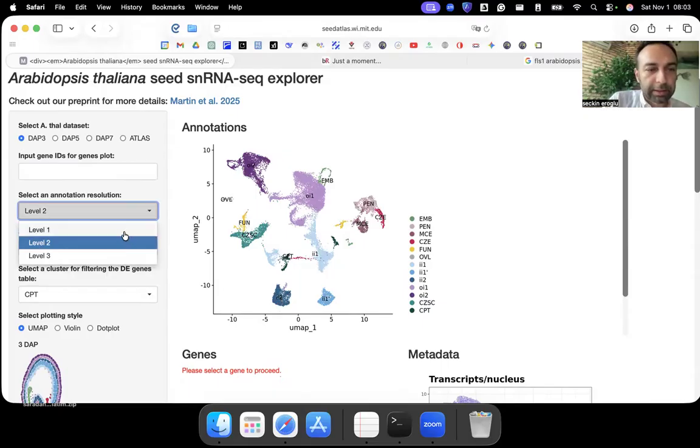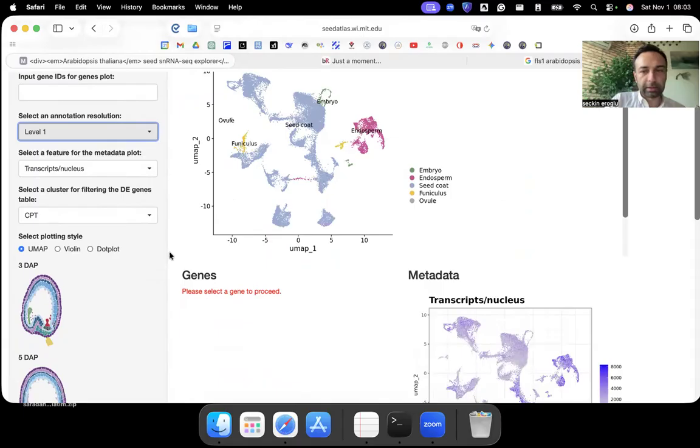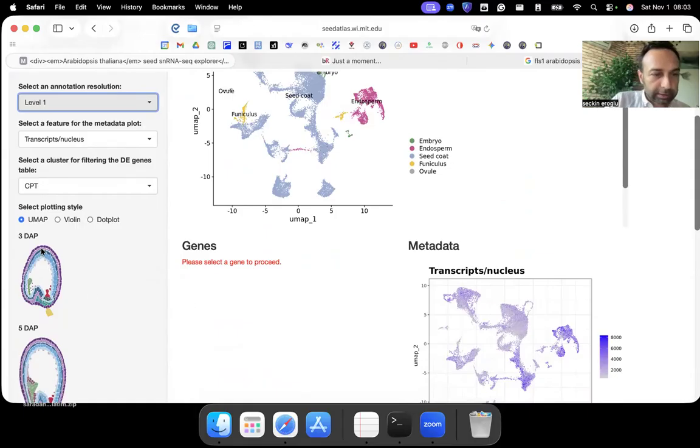So here we can select three levels of resolution. For example, the first level shows us only embryo, endosperm, seed coat, funiculus, and ovule. So seed coat is all these layers, but they don't care in this mode, this level one.